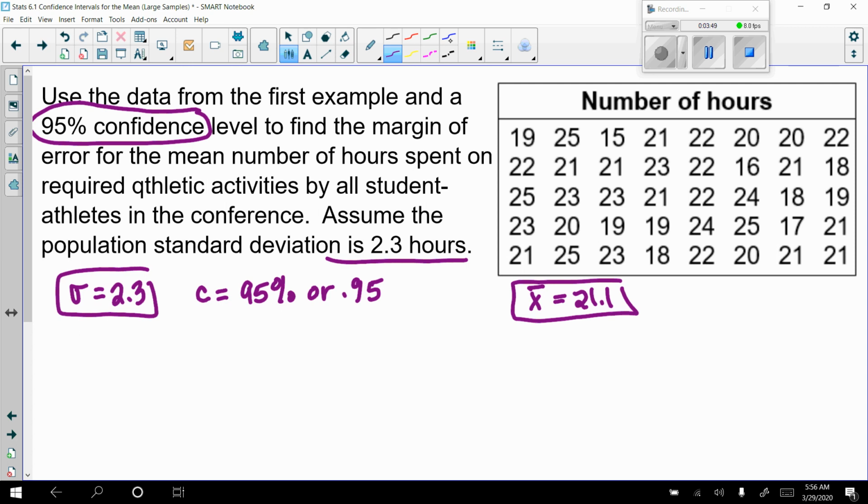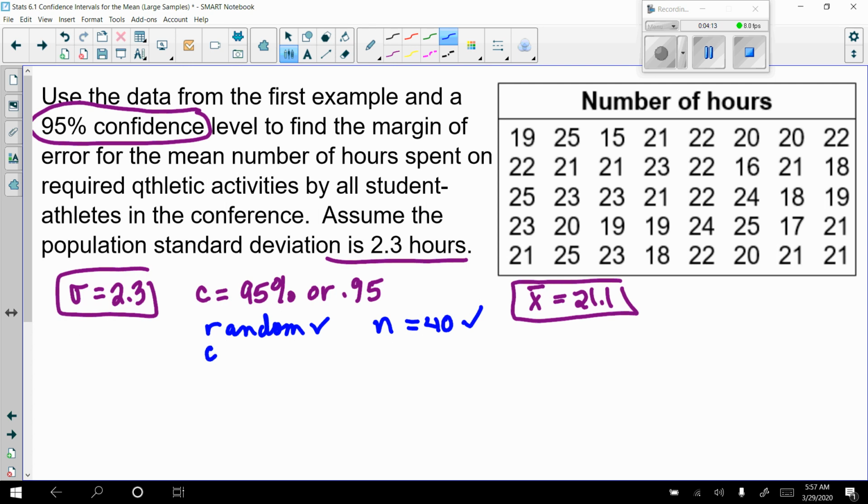Let's check our conditions and make sure that we can do this. We know from the previous example that they told us it was random, and n is equal to 40, which is greater than or equal to 30. So it satisfies both conditions.